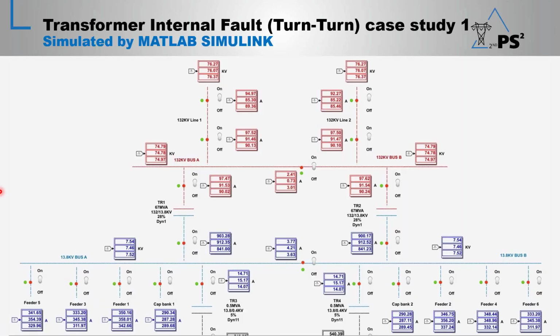We simulated this fault by MATLAB Simulink. We can see our substation is 132 over 13.8 kV, with 2 lines feeding bus A and bus B at 132 kV, and there is a bus tie, and here we have two transformers, 1 and 2, transforming voltage from 132 to 13.8 kV, and then 13.8 kV bus A and bus B, and we have some loads and auxiliary transformers.